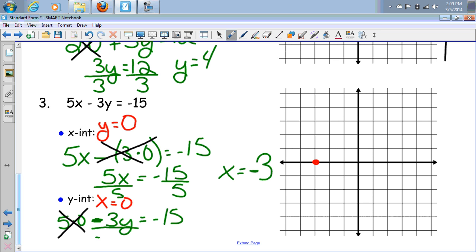So I need to divide both sides by negative 3. And y equals, what's negative 15 divided by negative 3? Good, 5. Where y equals 5 on my y-axis is up here. That's my y-intercept. Can I make my quick sketch of a graph? I need to go through both points. There's our line.